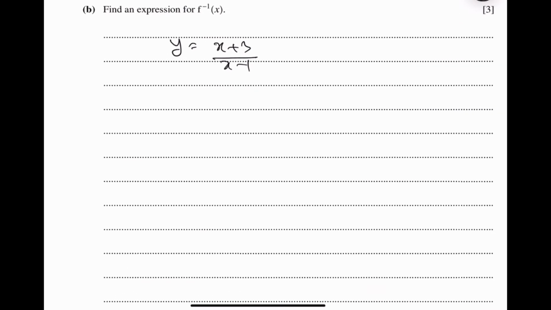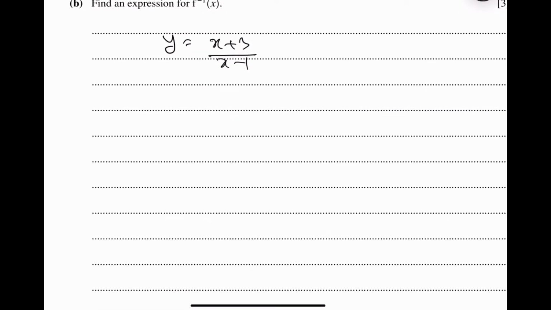We know how to make the subject. xy minus y equals x plus 3, and take all the x on one side and y on the other side. Take x as a common factor, so x equals (y plus 3) divided by (y minus 1).